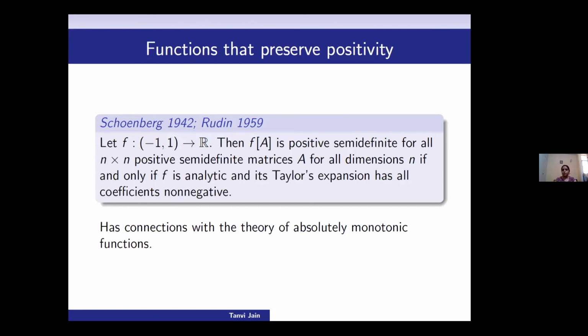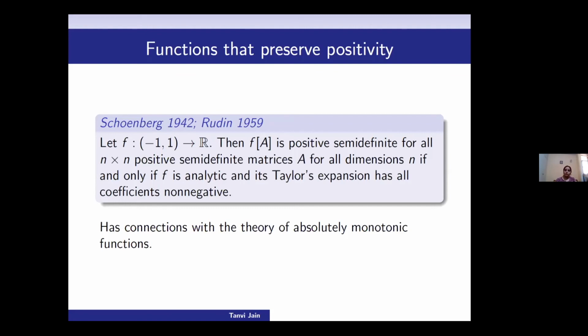Most of the times in general, it's very hard to get a necessary and sufficient condition for something. This gives us an if and only if condition. But now see, what is this class? This is a small class.